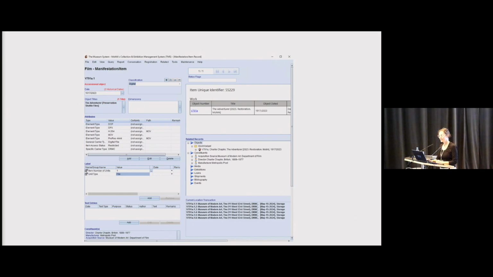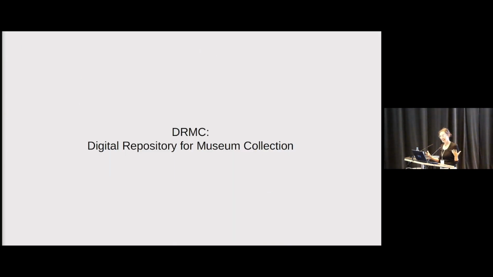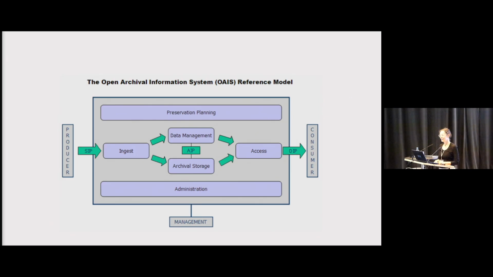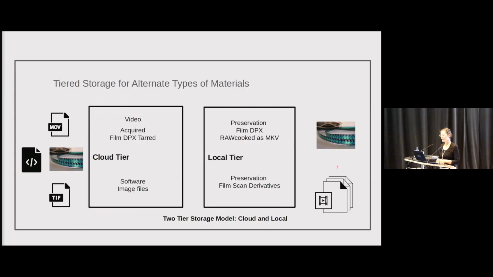However, it didn't solve the problem, because in order to put things into our digital repository for museum collections, the DRMC, which is based on an OAIS model, we have to do a lot to separate the materials that go into our cloud tier, that go into our local tier. We have analog backups of those files that are being preserved so they can stay locally, because we have more copies.